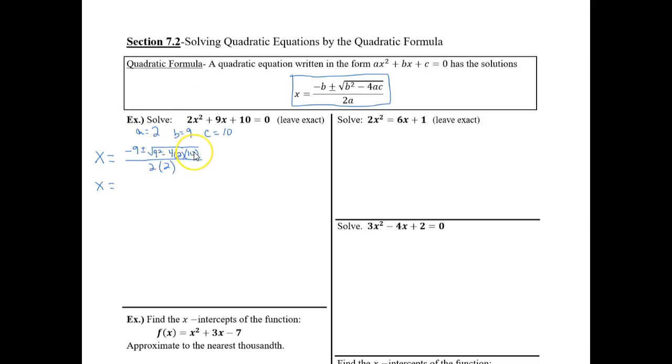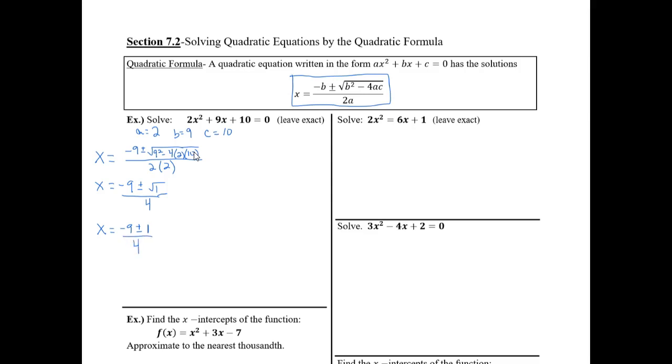So that whole thing under the radical will simplify to the square root of 1, right? 81 minus 80 is 1. In the denominator, 2 times 2 is 4. Now, a lot of times students try to stop there, but it's important to note that the square root of 1 can be simplified. The square root of 1 is 1, so don't leave that under the radical.